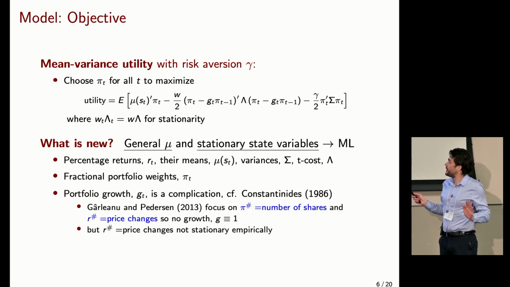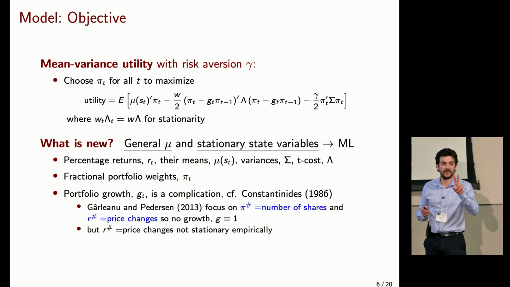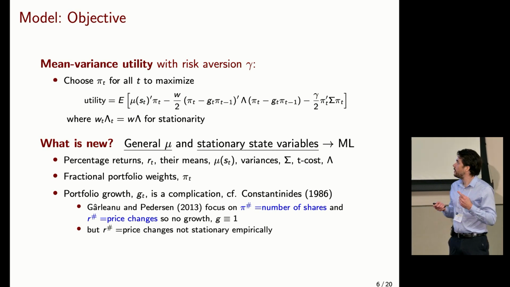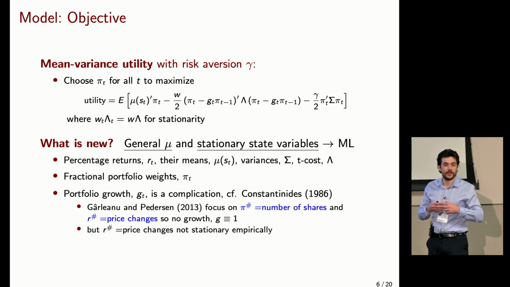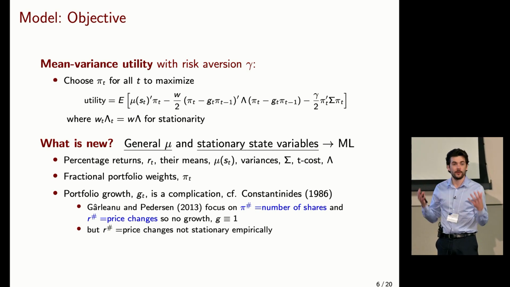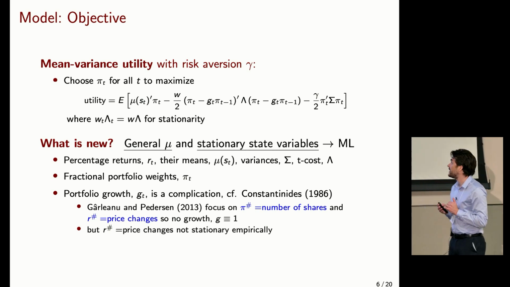So what's new here? Well, there's two things in this specification that make it well suited for machine learning. The first is that we are considering expected returns to be a general function of security characteristics rather than, say, a linear function.